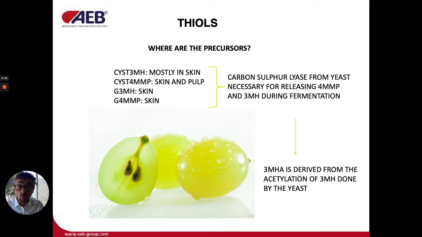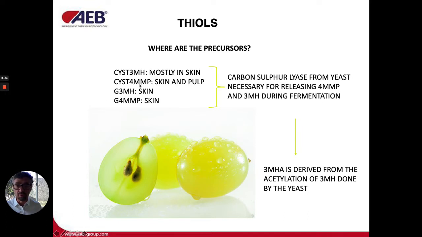Other yeast don't have it, so that's why there are yeast that are indicated for Sauvignon Blanc, and some of the yeast we're going to discuss today from the AEB collection. This release is actually going to be good for, as we see, the 3-MH and the 4-MMP.